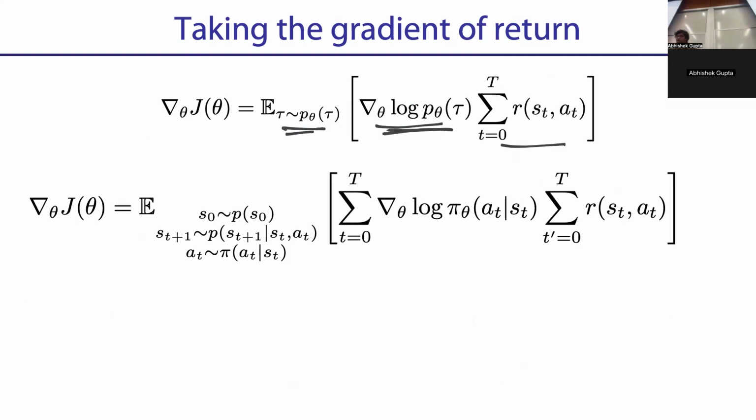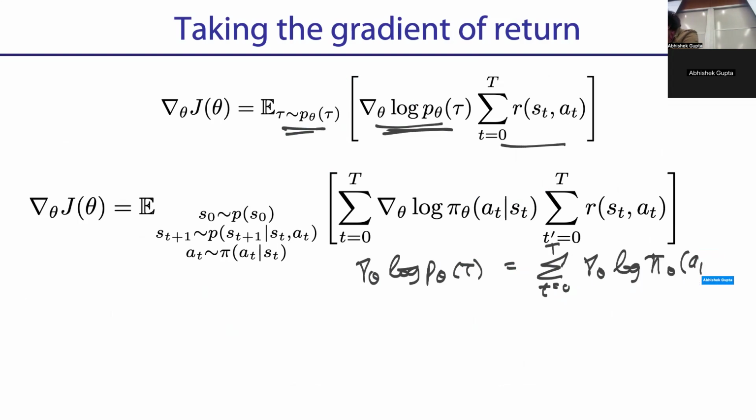Remember that for grad theta log p theta tau, all the other terms canceled. So it just becomes the sum from t equals 0 to T of grad theta log pi theta of AT given ST. You don't care about the dynamics of the world, you just care about the likelihoods of each individual state action pair.